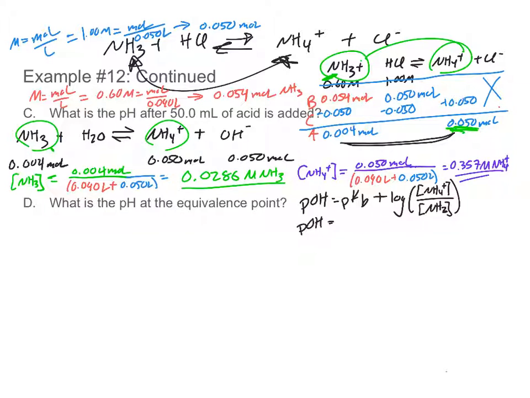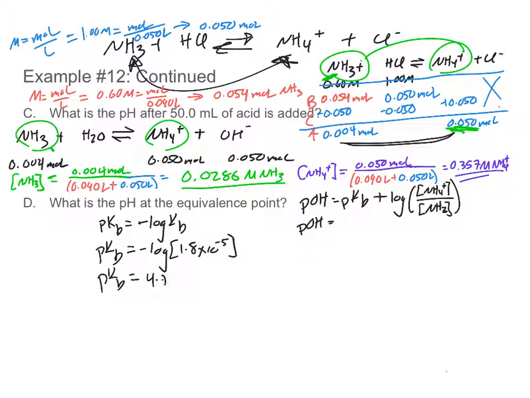So I'm going to do that over here. pKb is equal to the negative log of the Kb. So the pKb is equal to the negative log of 1.8 times 10 to the minus 5. So the pKb is equal to 4.74. So my 4.74 is here.